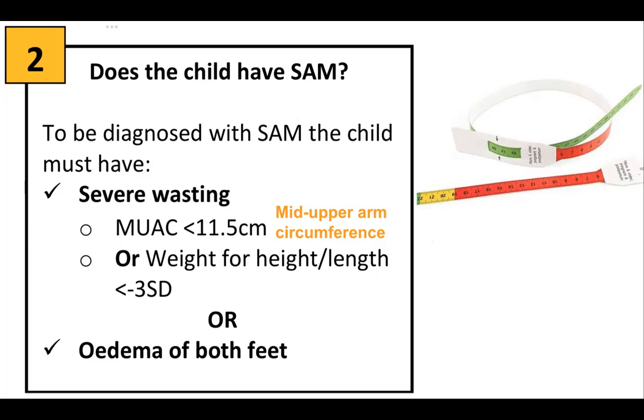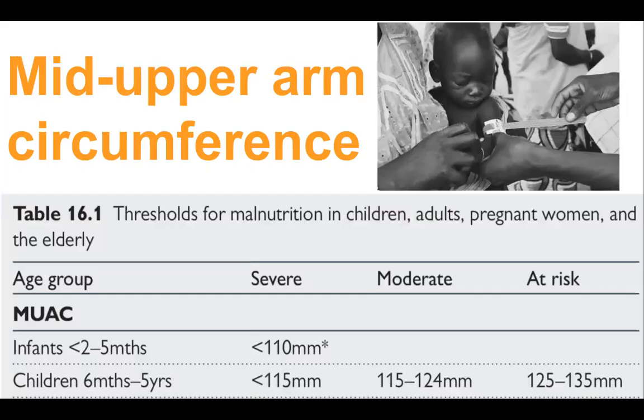As you can see on the right side, that is the MUAC, mid upper arm circumference. We use this tape to measure the circumference in the middle of the upper arm. This is the threshold for severe acute malnutrition. For infants 2 to 5 months, it's less than 11 centimeter.